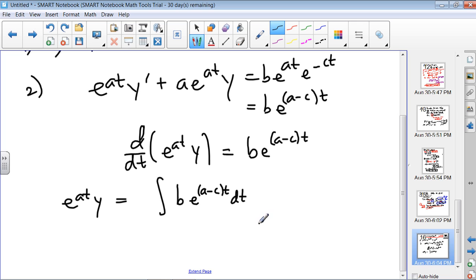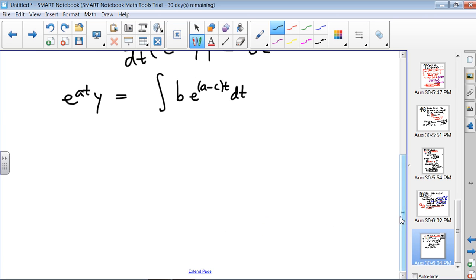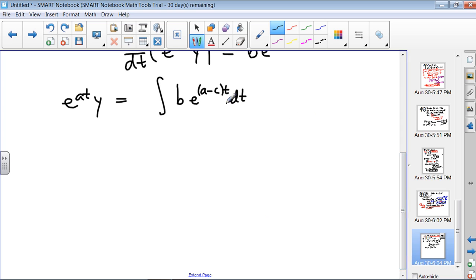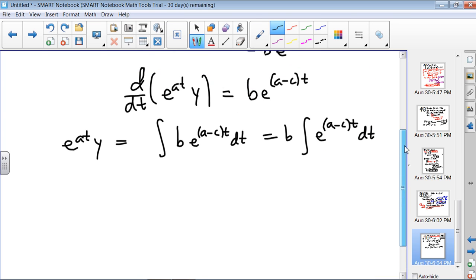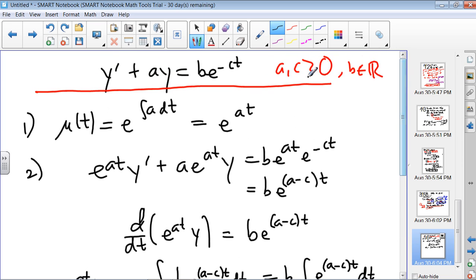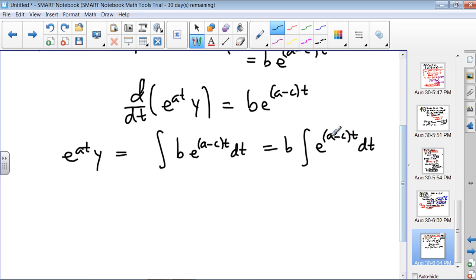Here's where we notice that things are getting a little bit more complicated. We have to be a bit careful. We have a minus c here, and let me make the first simplification: b is a number, so I can just pull that out. I just want to do that so that we can focus on integrating this part. We know that a and c are numbers, and we know that they're both positive. So if a is 1, let's say, but what if c is also 1?